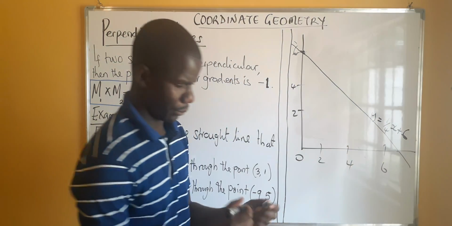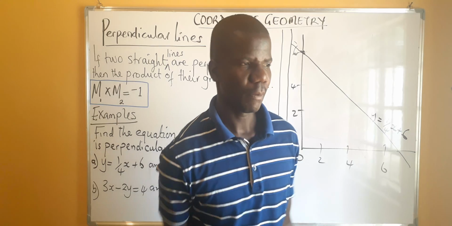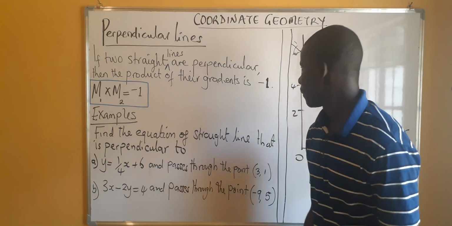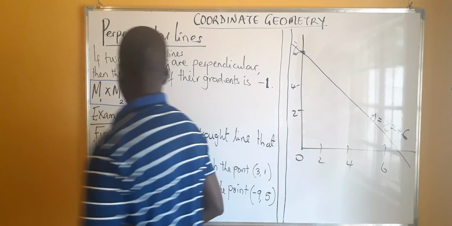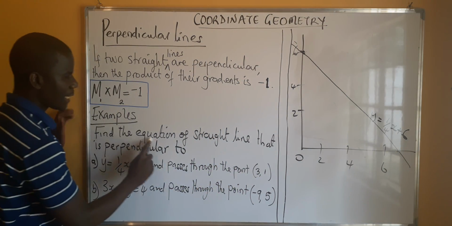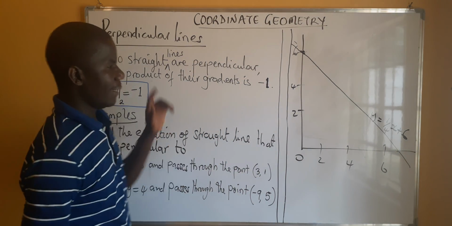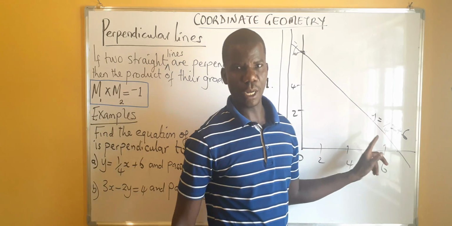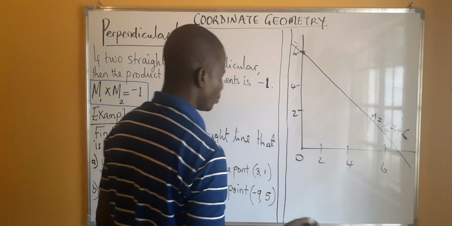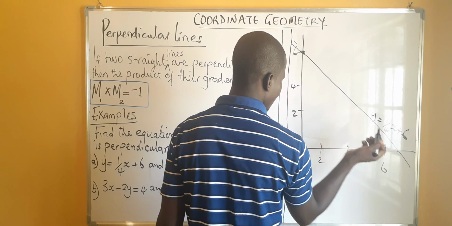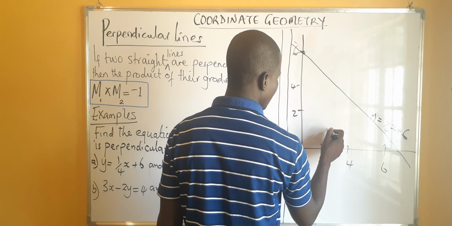Better we draw it as it is than just to have an assumption. Now, we want to come up with an equation of a straight line that is perpendicular to this one, and it passes through the point (3, 1), somewhere here.